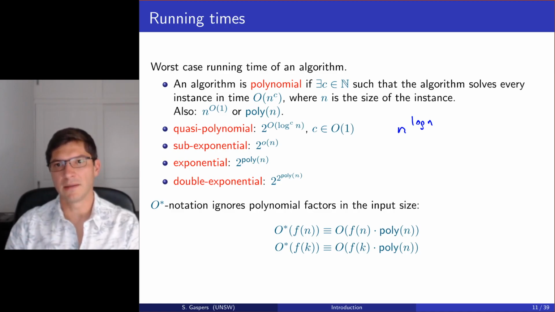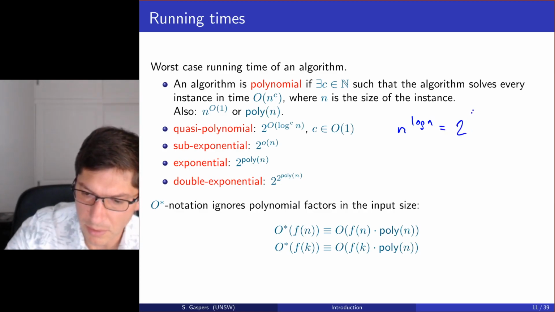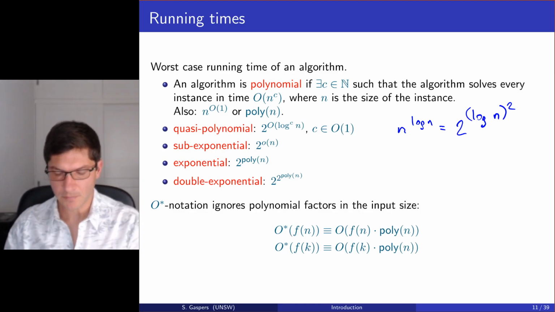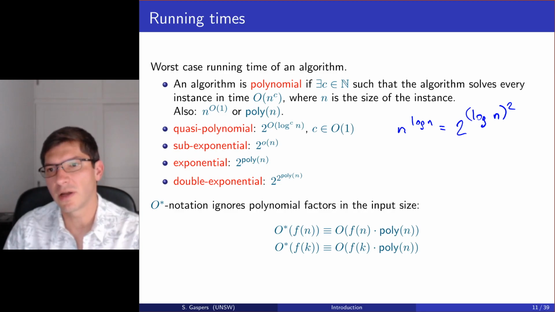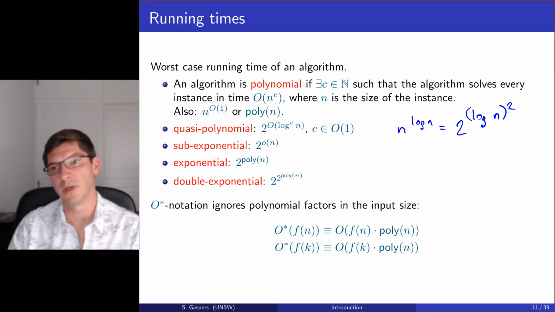Notice that n is equal to 2 to the power log n. So in total, this would be 2 to the power log n squared, which is the same as log squared n. Okay, so this is where such running times come into play, and n to the power log n is of course larger than n to the power c. And 2 to the power log n squared is also smaller than 2 to the power of a polynomial in n.